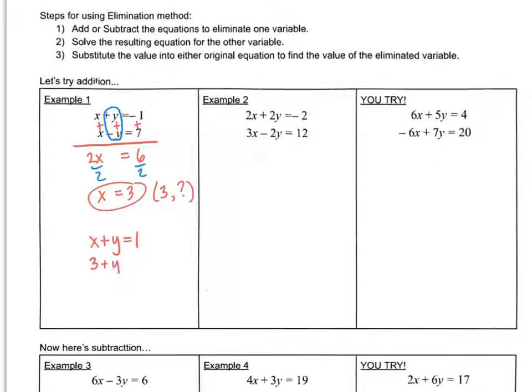So 3 plus y equals -1. If I subtract 3 on both sides to make that a 0, I get y is -4. And my final completed answer is 3 comma -4.